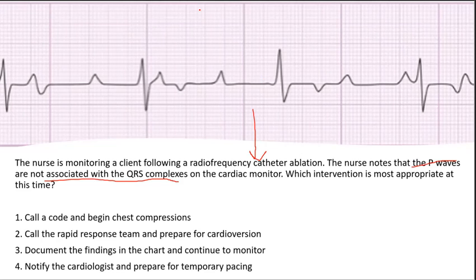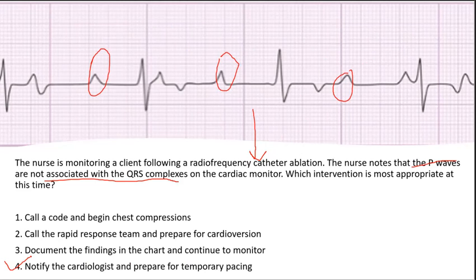So again, we can see that the P waves are not associated with our QRS complex. What do we need to do? We need to notify the cardiologist, and we need to prepare for temporary pacing. So again, remember, no pulse, he's not breathing, he's unresponsive, we need to defibrillate.